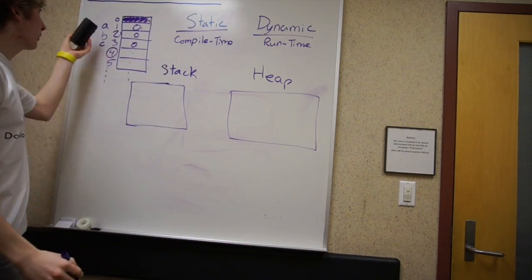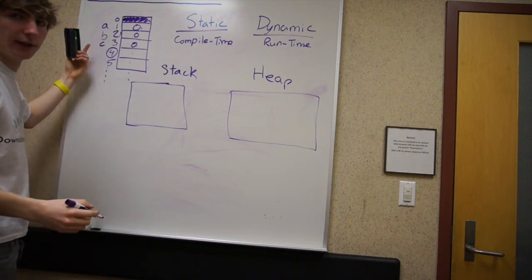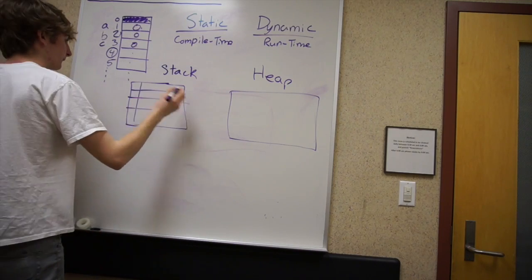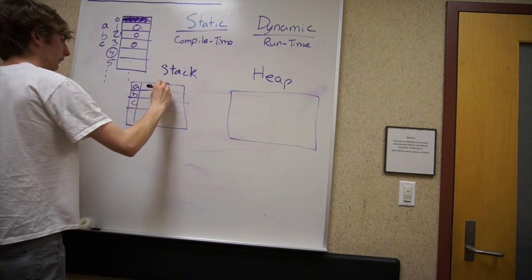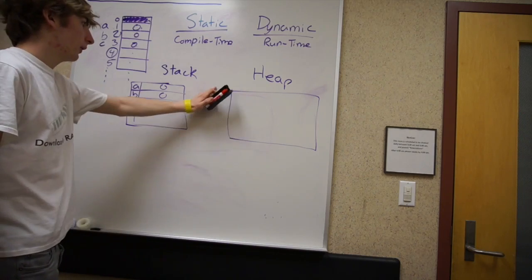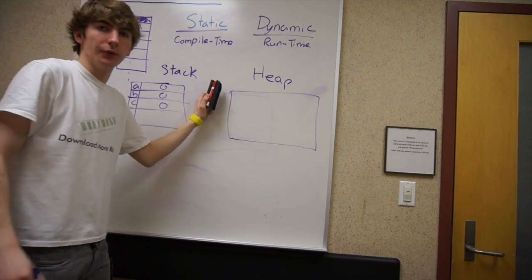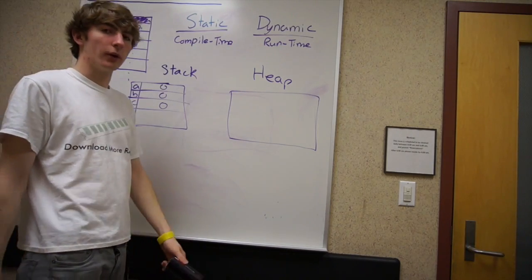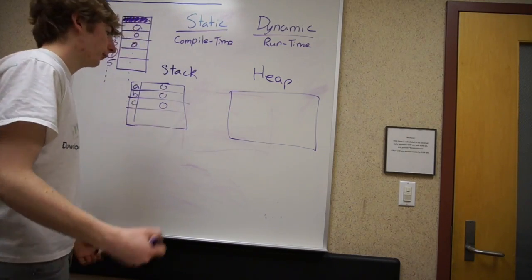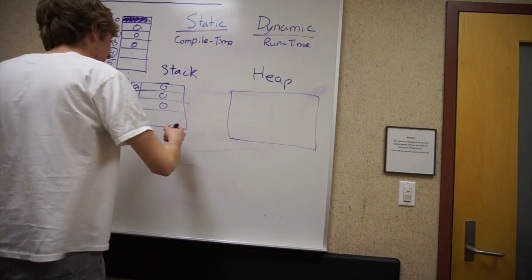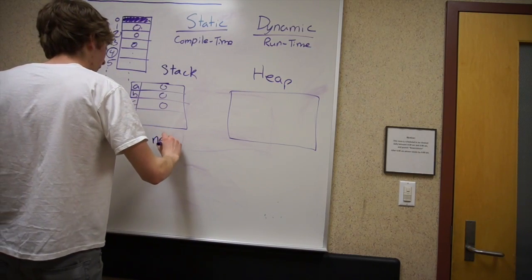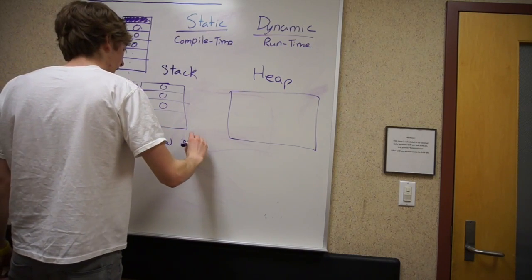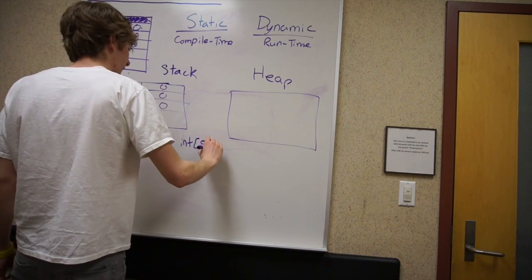So when you compile this program, your int a, b, and c, you get some values, a, b, and c. Now, let's say at some point in your program, you realize that you want a new array of 5 integers. You basically write that in plain English: hey, C++, give me a new integer array with 5 integers.